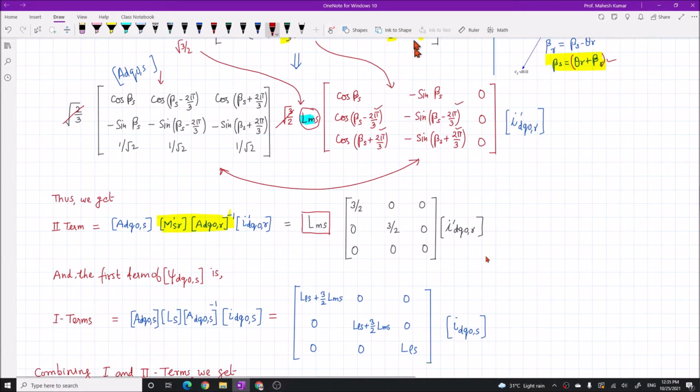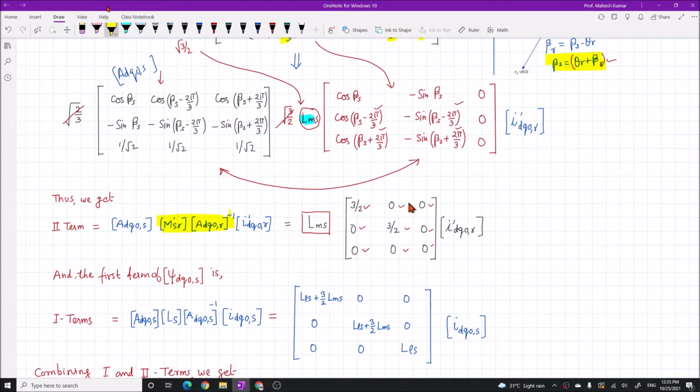Since the third row is 0, we will get these terms as 0 here, and if you multiply the first row with the first column, you will get 3 by 2 constant. The first row with the second column, you will get 0. Similarly, you will get 0 here, 3 by 2 here, 0, and finally 0, 0 and 0.